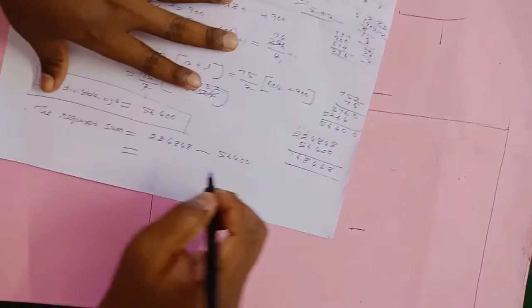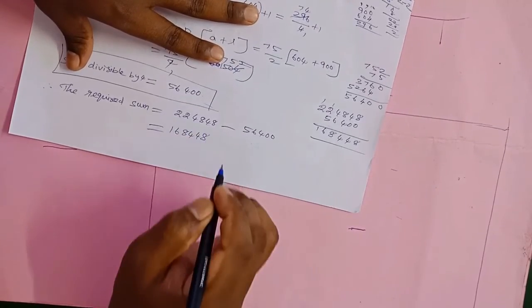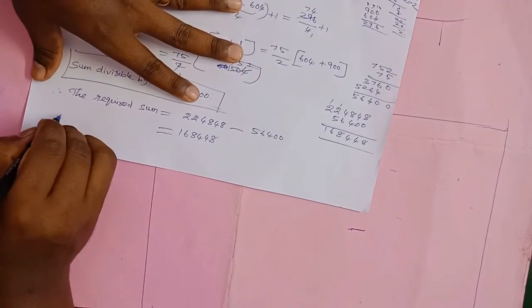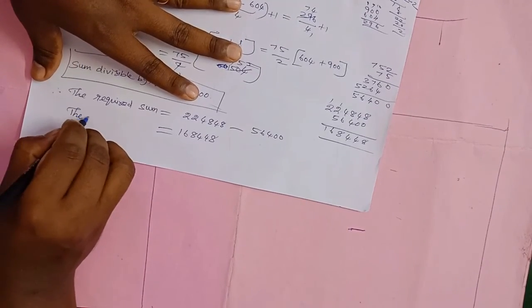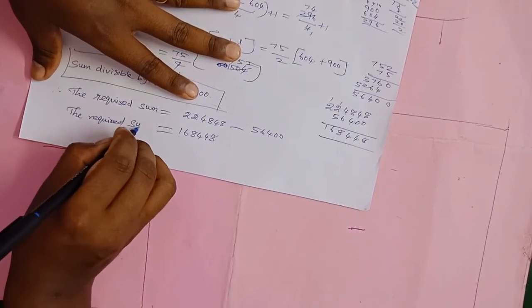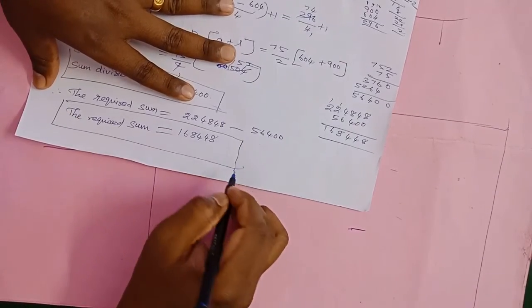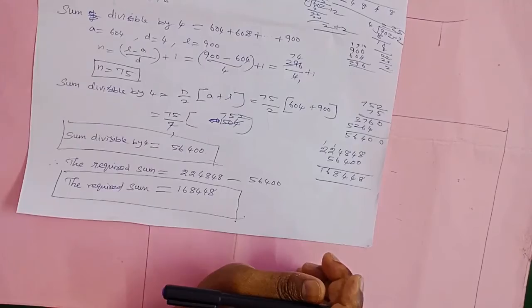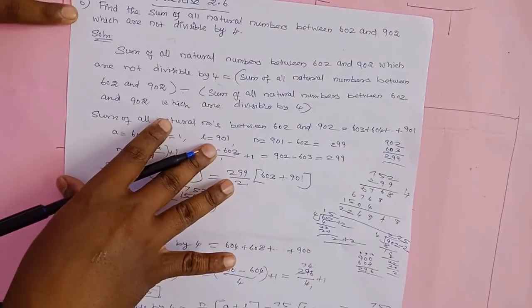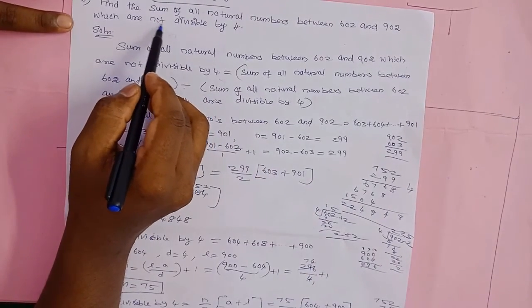So the answer, the required sum, is 168,448. It's a very important compulsory question like that, because here the word not is very important.